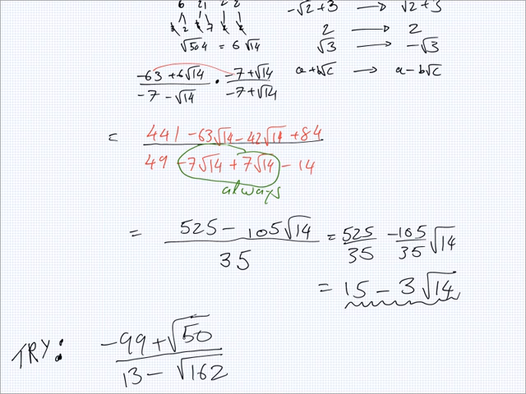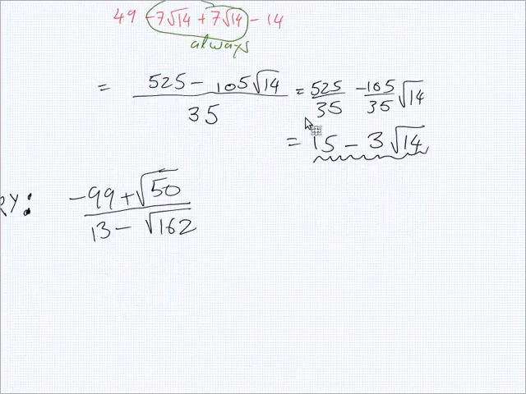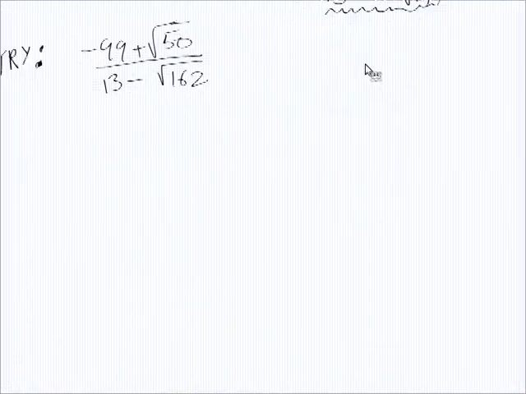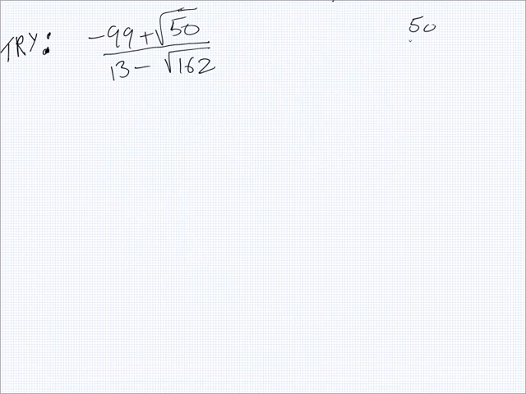Okay, let's get a start on this. Let me do my workings here. 50 is 5 times 10, and 5 and 2, so that's 5 root 2.